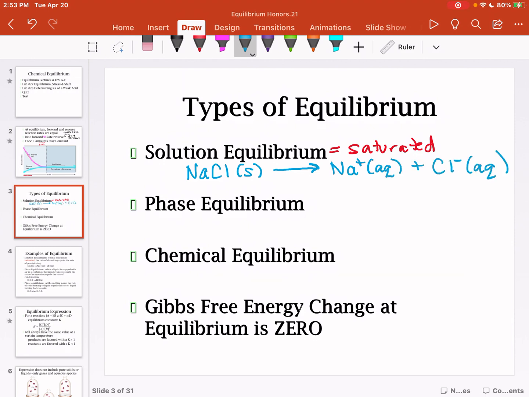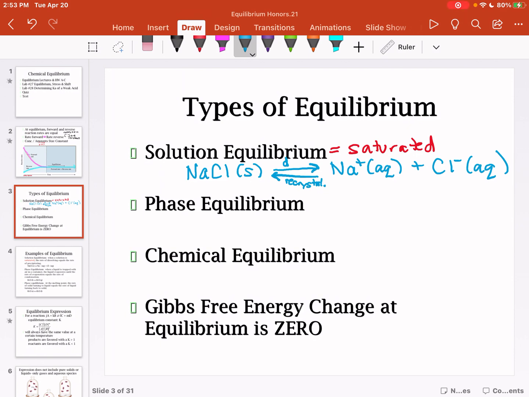However, if I have a saturated solution, that is an equilibrium solution. So my forward reaction is, in essence, dissolving. So I will see that my rate of dissolving is going to equal my rate of recrystallization. And that's what happens in a saturated solution. So our rate of dissolving is the forward and recrystallization is the reverse.